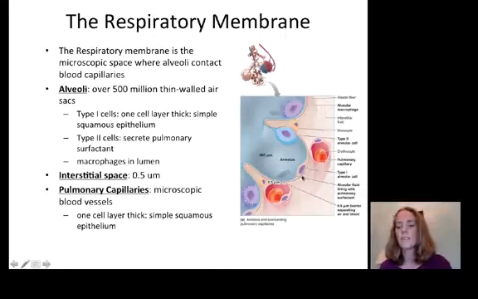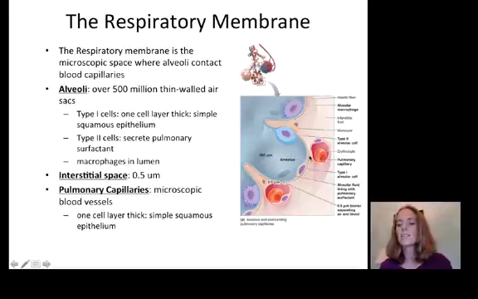It has a very thin wall, simple squamous epithelium walls lining the alveoli. And then it is right next to the capillary. Here's a cross section of a pulmonary capillary. There's a red blood cell right nearby. The red blood cell is waiting to pick up oxygen and waiting to deliver carbon dioxide.